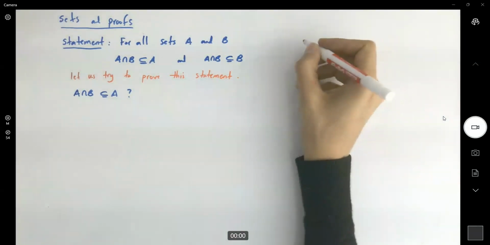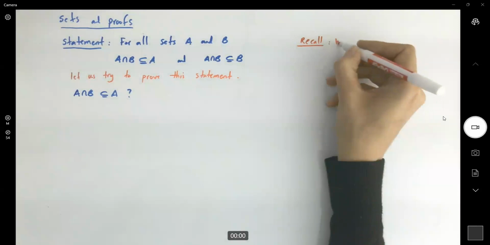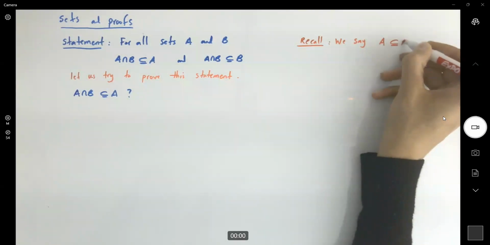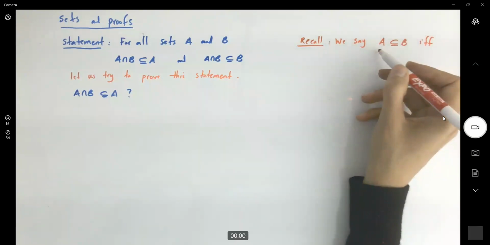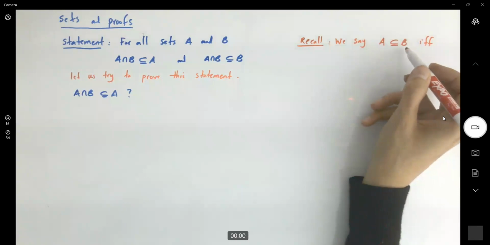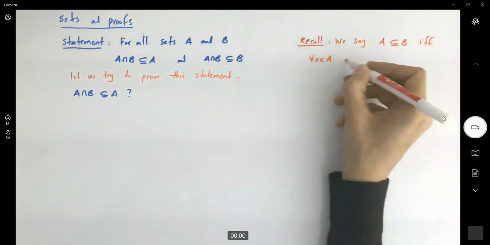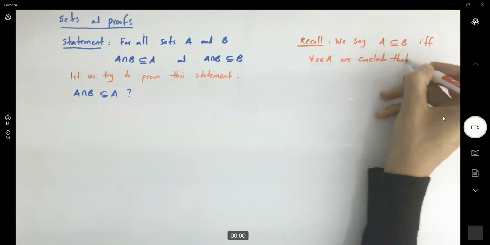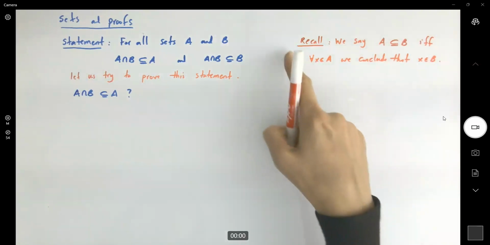Recall that we say set A is a subset of set B if and only if for any element X in A, we conclude that X belongs to B. So this is a definition.